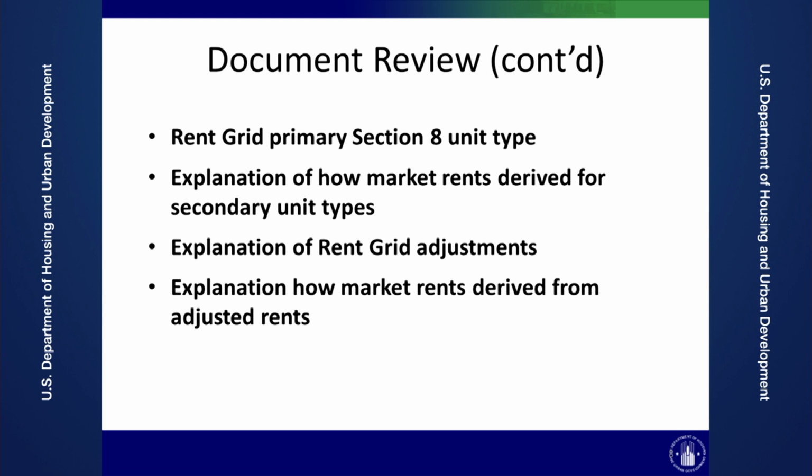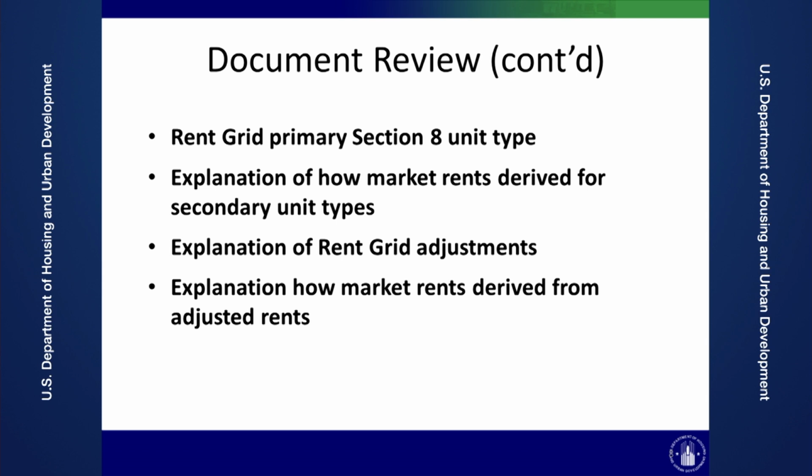Did the appraiser explain the rent grid adjustments? As an appraiser, everyone goes through and makes slight adjustments or major adjustments, and you have to see, was there an explanation of those adjustments? We'll get into the quality in a little while.